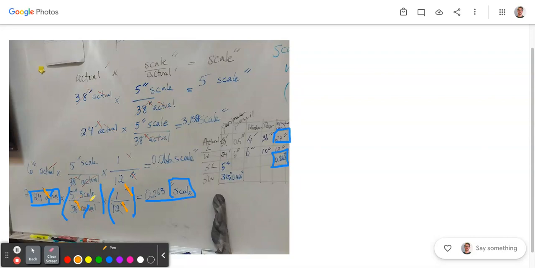And now all we're left with is scale inches. Let's multiply across now. 24 times 5 times 1 divided by 38 divided by 12 equals 0.263. And that is our final answer for scale length of the student desk.